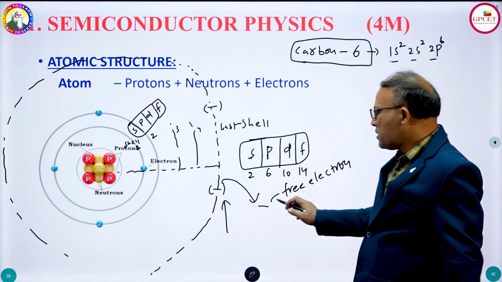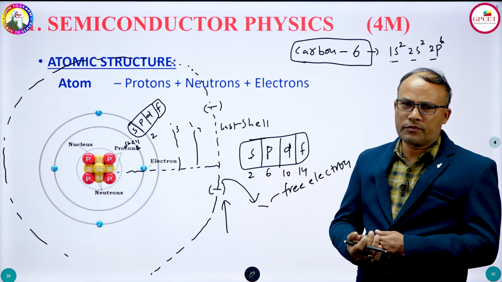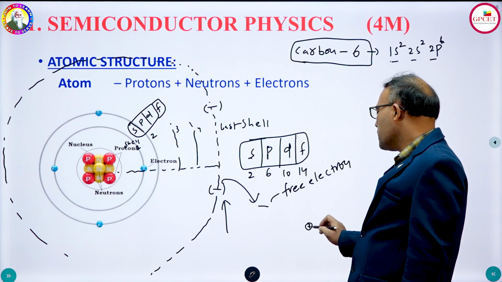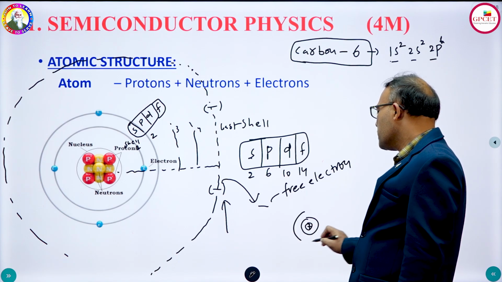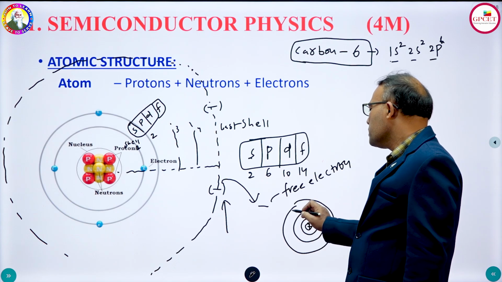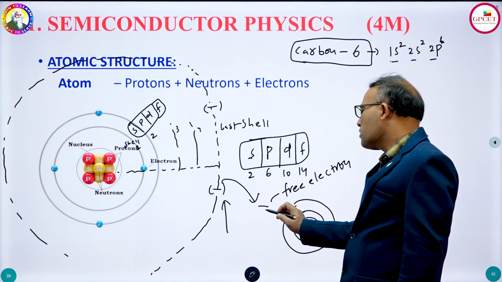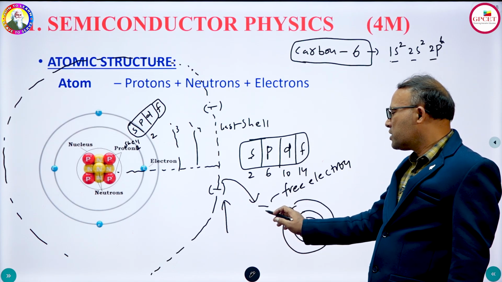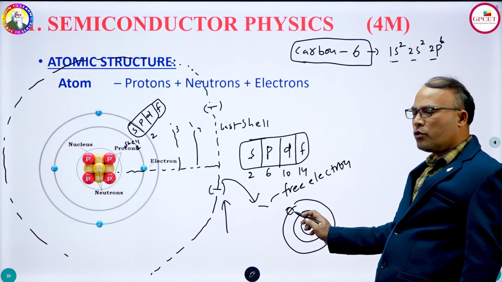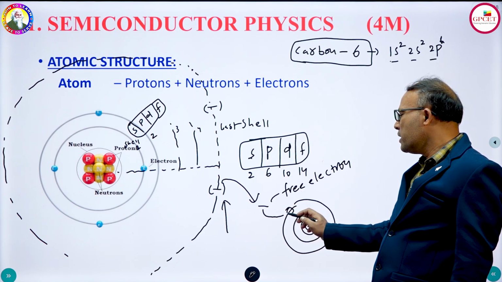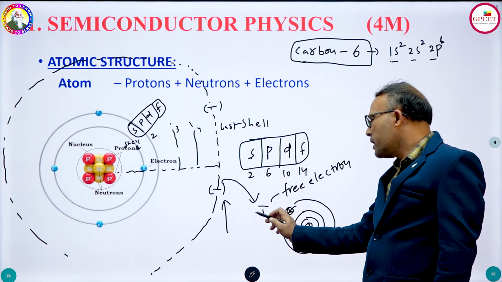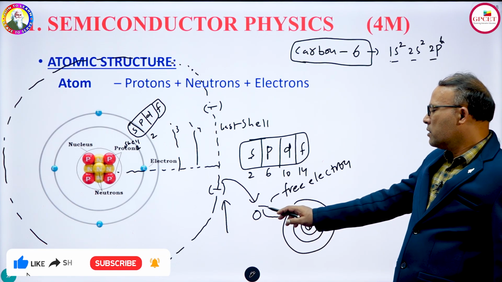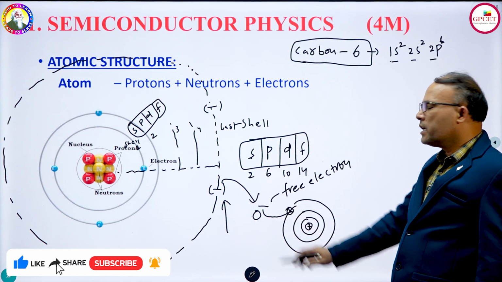Now this free electron searches for a hole in the atmosphere. For example, another atom is present with a nucleus and first, second and third orbitals. If a hole is present there, the free electron fills this hole, leaving again a hole behind.